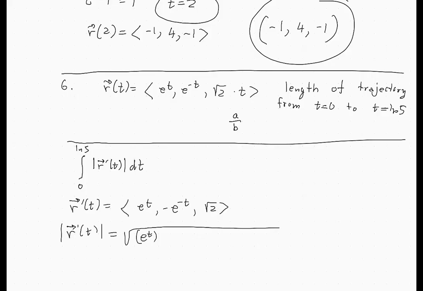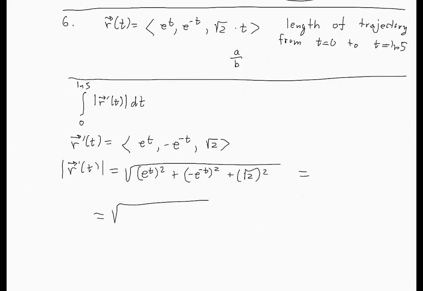Let's do this in detail, plus square root of 2 all squared. And this will be e to the 2t plus e to the negative 2t plus 2. Now, this is going to simplify. This is to remember our identity from our childhood, which is a plus b all squared is equal to a squared plus 2ab plus b squared.